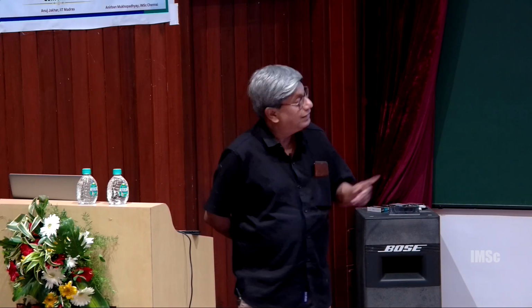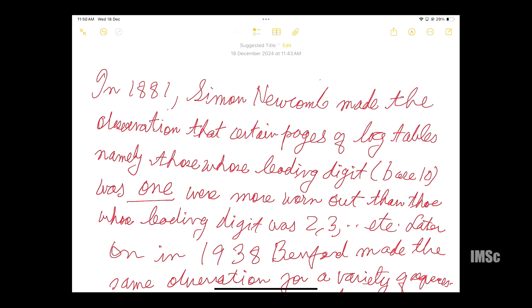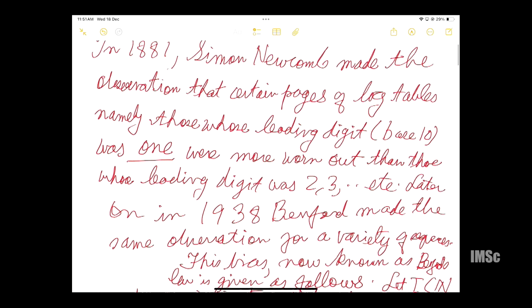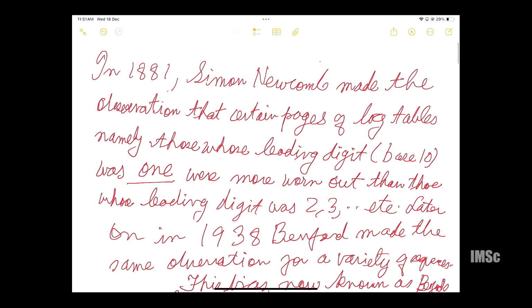As I've written, Simon Newcomb was an American astronomer, and he was observing log tables and he found that the pages which had leading digit 1 were more worn out. That means they were more referenced. But this is a bias; why couldn't it be the other digits 2, 3, 9?